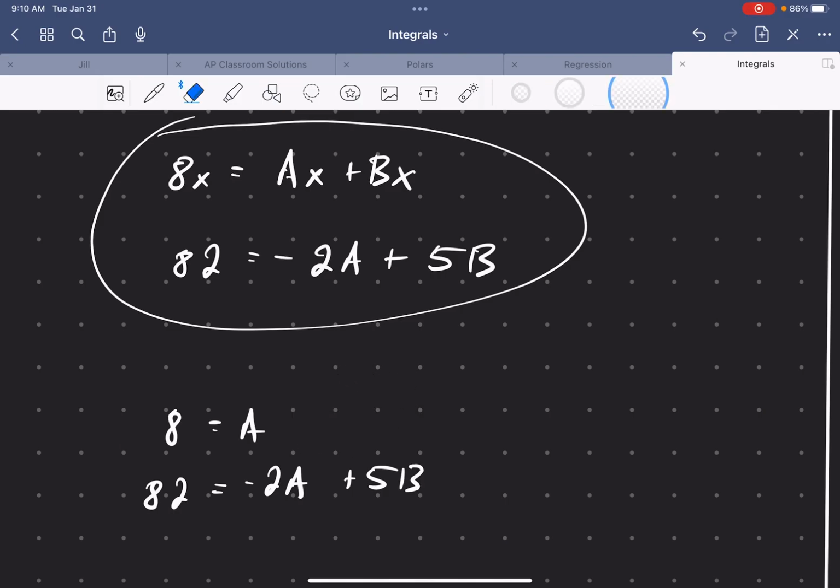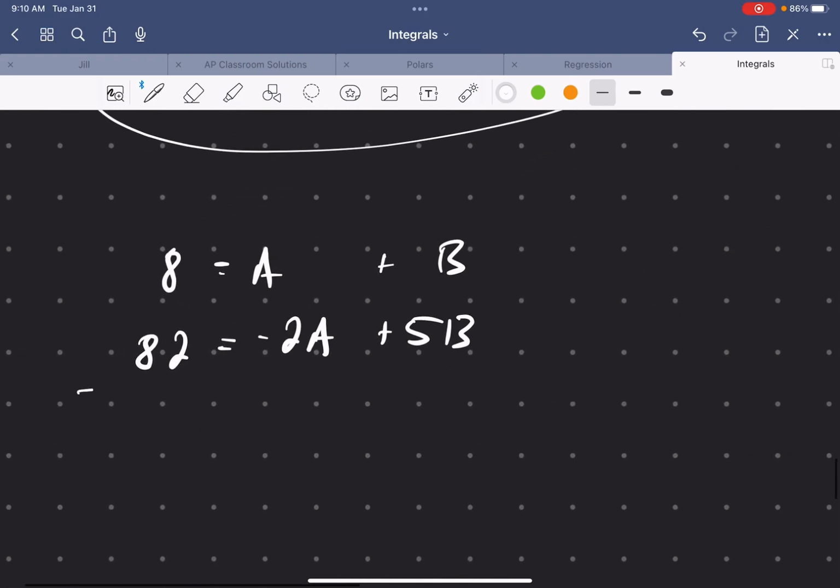So let's space this out. So there's my B there. I can solve this system of equations by using elimination. I want to try to eliminate either the A or the B. So let's say I'm going to try to eliminate the A's. Since the bottom equation has a -2 in front of the A, if I want to eliminate the A's, I need to have a positive 2 in front of the A up top.